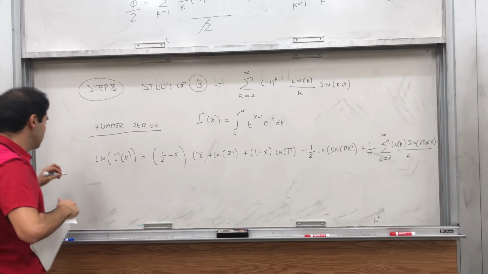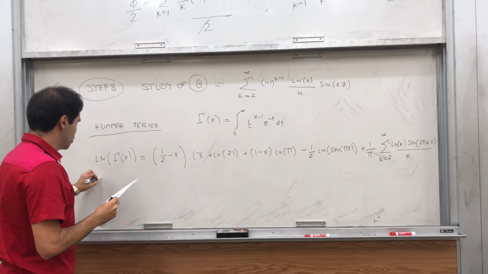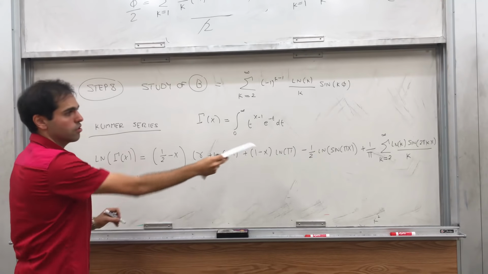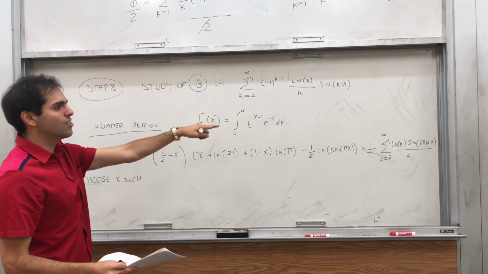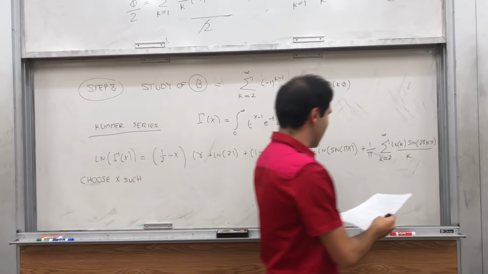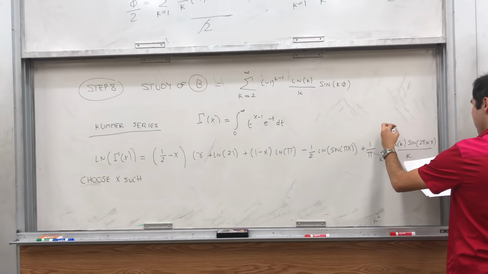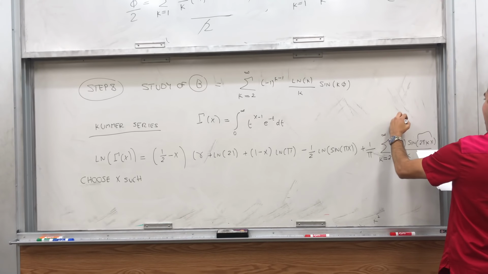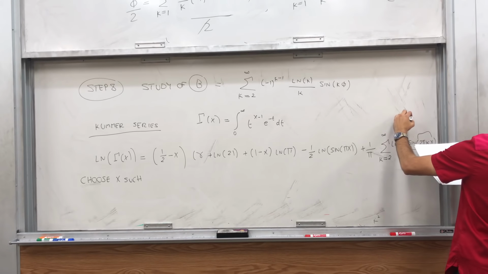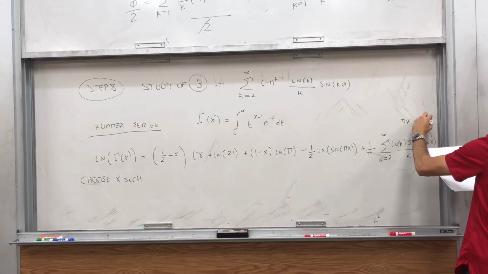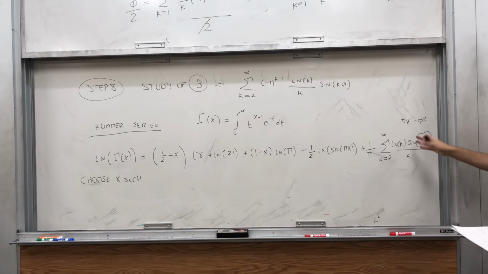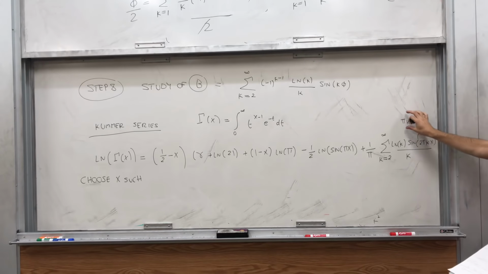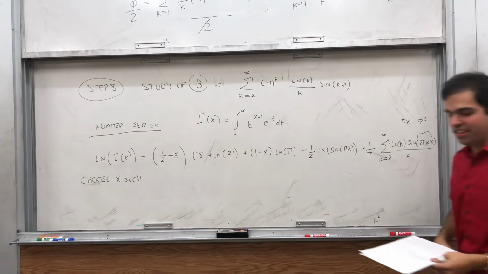How? So, here's a cool trick. Choose x such that, because look, this is valid for all x. So let's just choose x such that this ugly term becomes pi k minus phi k. The k phi comes here, which is good, and this will make this series alternating.